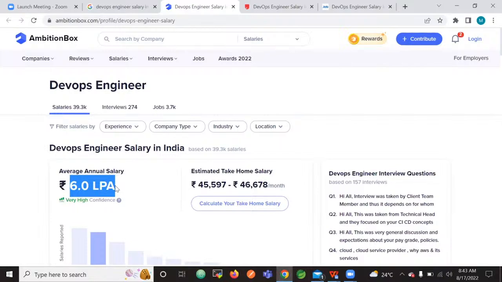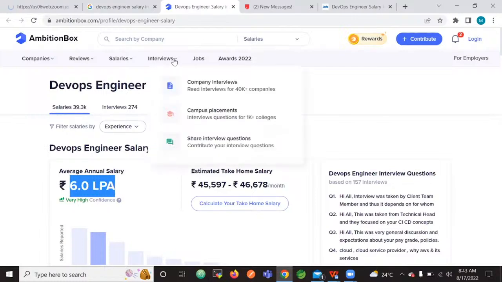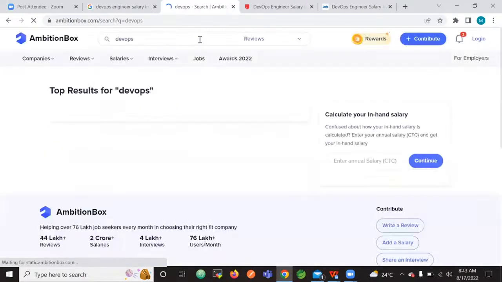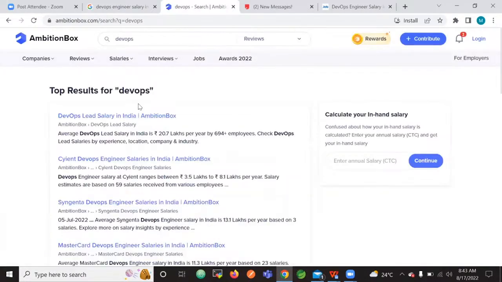I will come to this salaries section later in time. First, let us go and see the DevOps jobs. Let me just type DevOps. Right, so there are a lot of jobs published here.